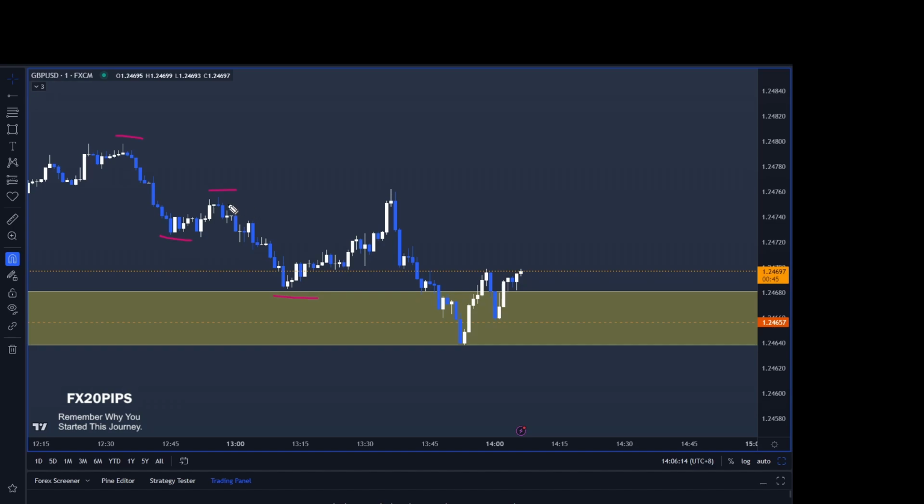A break in structure means instead of lower high, lower high, this one exhibits a higher high compared to this one. So there's a break in structure. Even though the low is getting lower, this is a sign of bullishness, but I have to be careful. So what you do is wait and see what happens here.